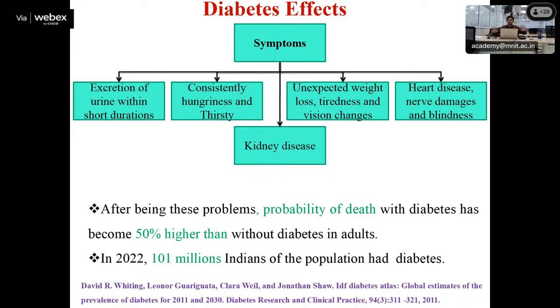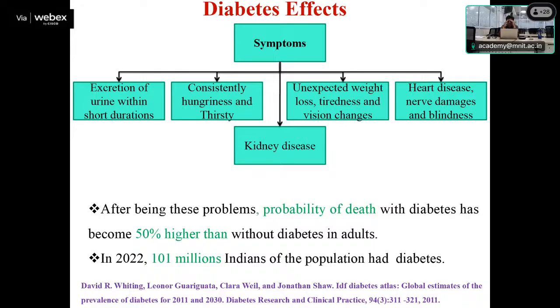There are no visible symptoms you will observe. So there are 70, 80 million people who are not being recognized, so they are not included here. There could be more than 150 million people suffering from diabetes.